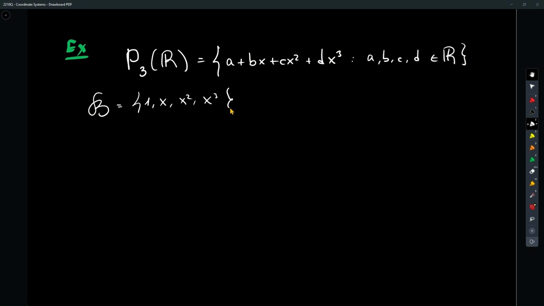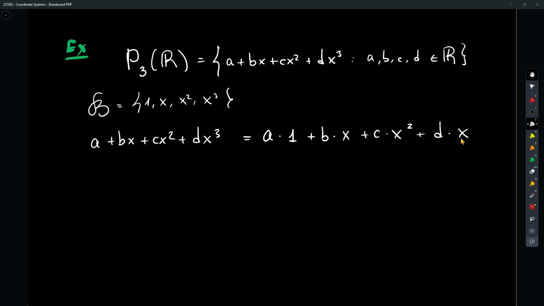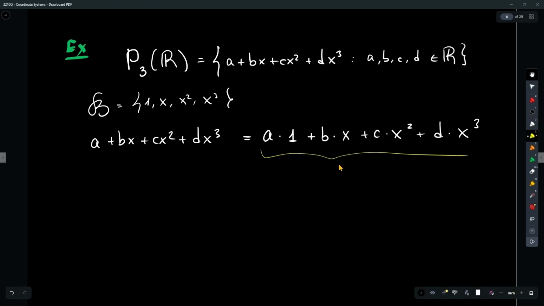And we know that every polynomial can be expressed uniquely in terms of this basis, because any polynomial, a plus bx plus cx squared plus dx cubed, is precisely a times the vector 1 plus b times the vector x plus c times the vector x squared plus d times the vector x cubed. And this expression is unique.